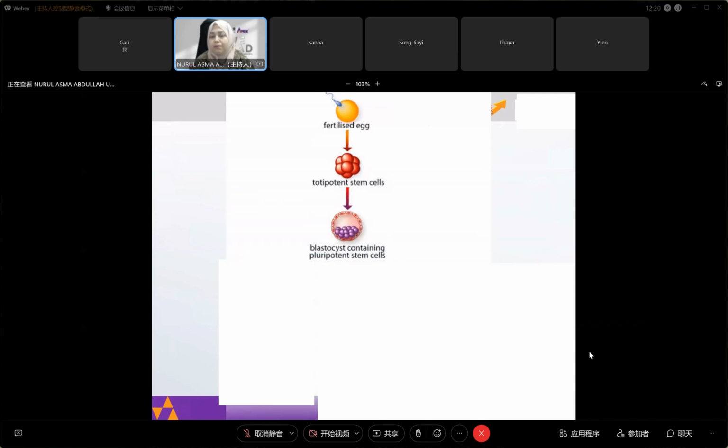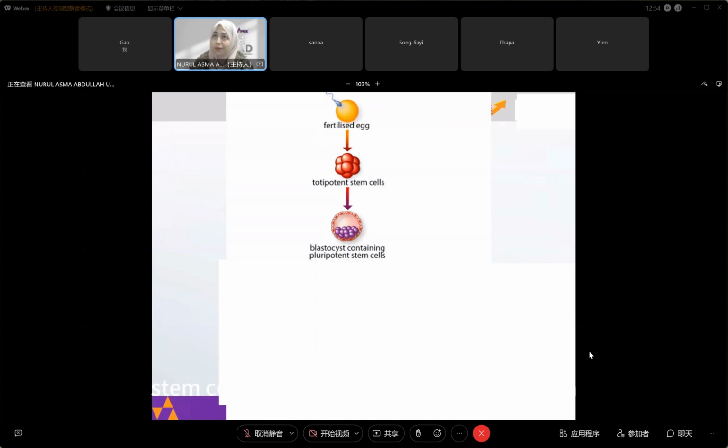So you can imagine that the primary source of stem cells originates from as early as when the egg is fertilized, the sperm and ovum. After the fertilization between the sperm and ovum, it will differentiate into more and more totipotent stem cells.